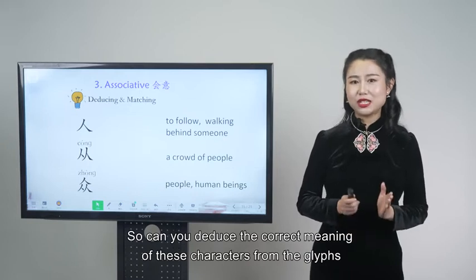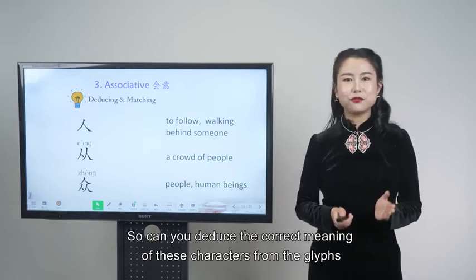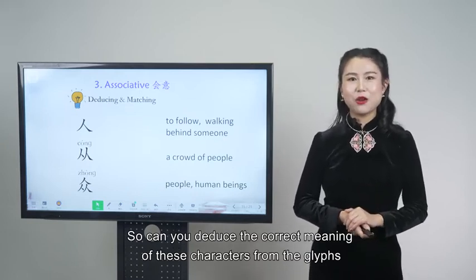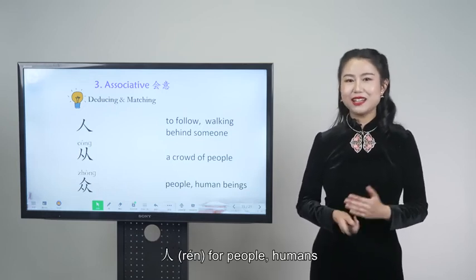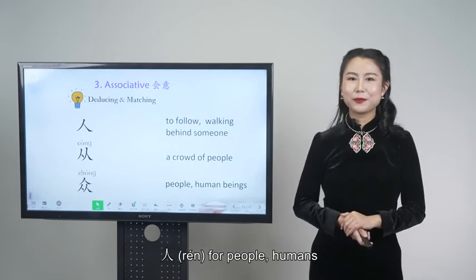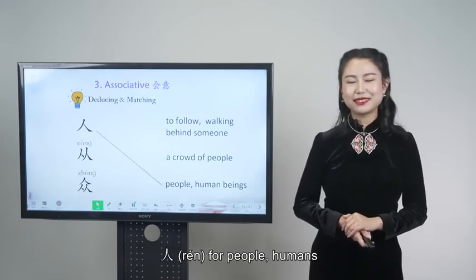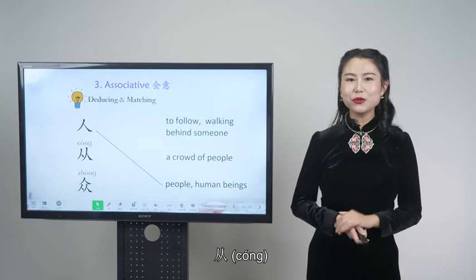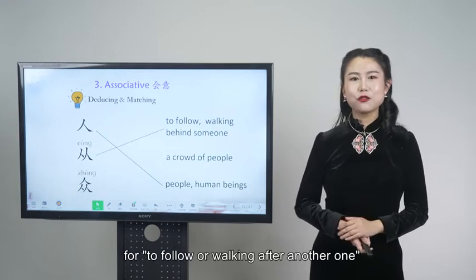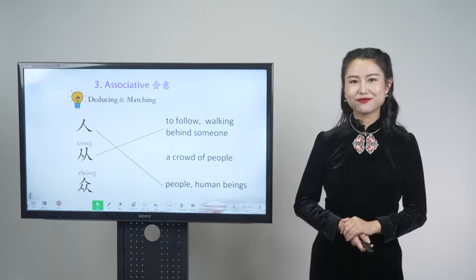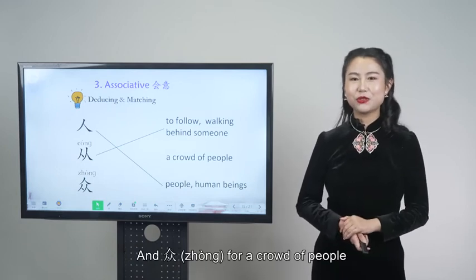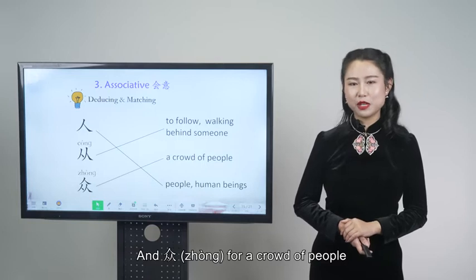So, can you deduce the correct meaning of these characters from the glyph? Yes, 人 for people, humans. 从 for follow or working after another one. 众 for a crowd of people.